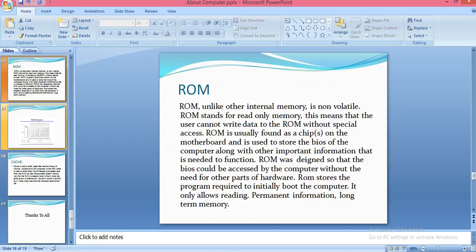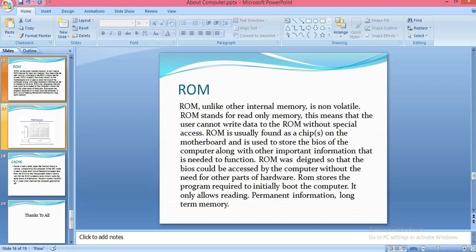ROM. ROM is another part of internal memory. ROM can't be written to; it is just read only memory. It means that the user cannot write data. ROM is usually found as a chip on the motherboard and is used to store the BIOS of the computer along with other important information that is needed to function.